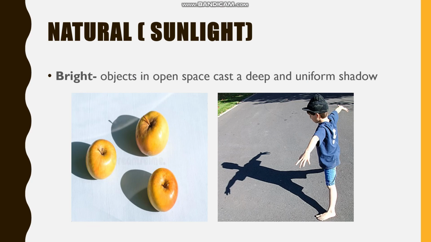Kasi again, the moon, the stars, has no lights on its own. So, meaning to say, the moon absorbs the sun's light. At yun naman yung nagiging reflection niya sa atin, yun yung binabato niyang liwanag sa atin, na galing din kay sunlight. That is why a natural light source is the sunlight.